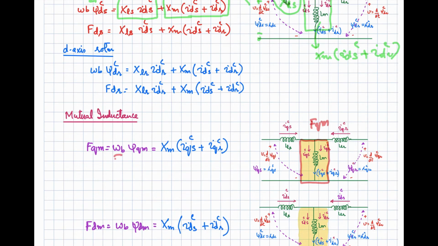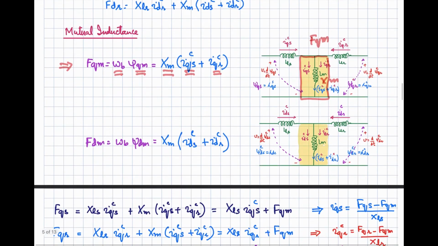That will be equal to omega b into phi QM. And that will be equal to the reactance of this branch, let's suppose XM into the current through this one, and that is IQS plus IQR. So this is the equation for the voltage across the magnetization branch or the mutual inductance on the Q axis.